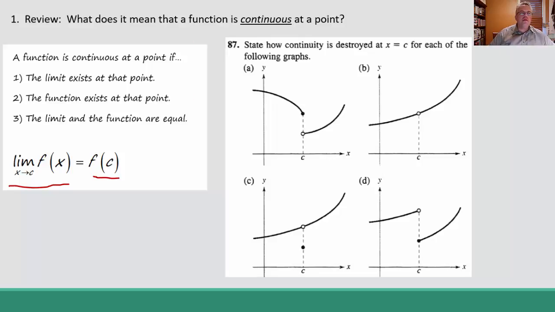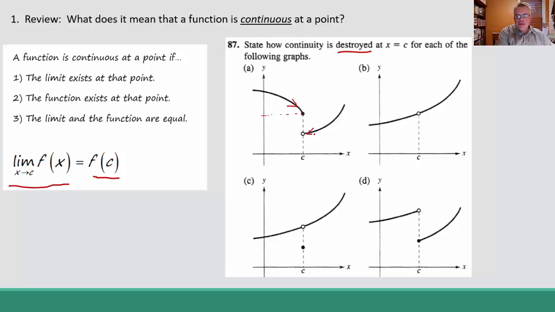Okay, so here's a good problem from the book. It says, state how continuity is destroyed. That sounds so terrible. How is continuity destroyed at x equals c for each of the following graphs? When you look at the first graph here, we see the problem at point c is that the limit doesn't exist. As we approach from the left, it approaches this value of y.